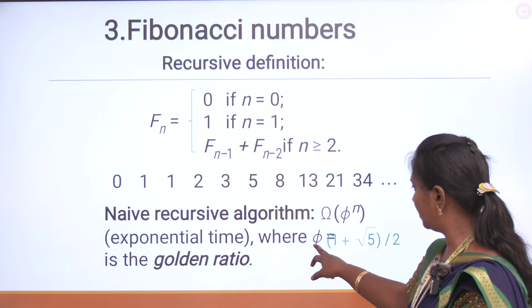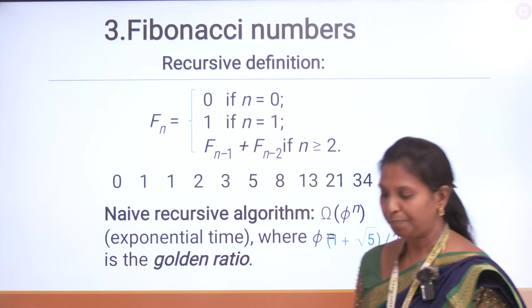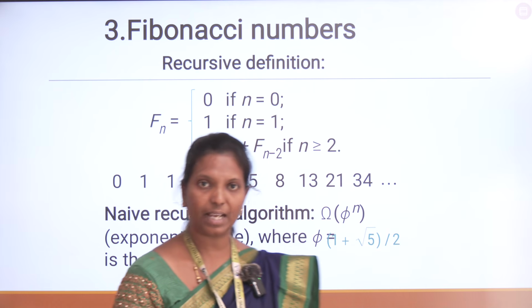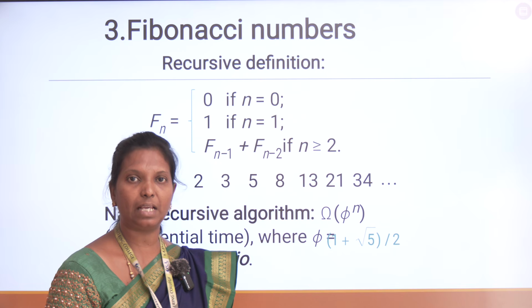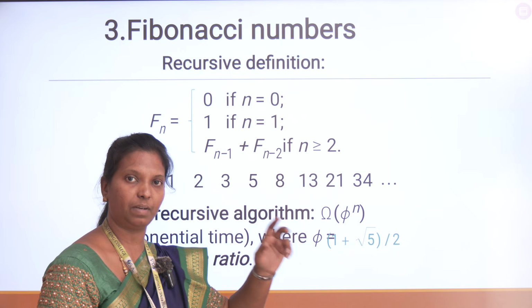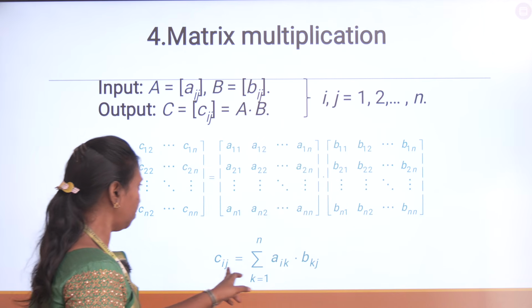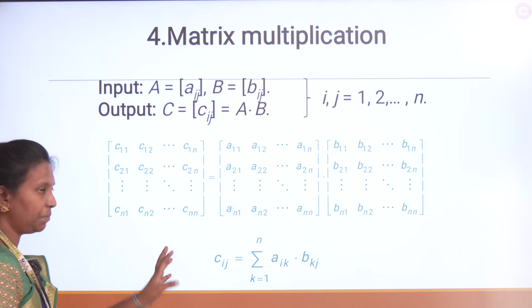Here, when it equals (1 plus root 5) by 2, I am taking the subproblems, and the ratio will be reduced when I make it into a dividing nature. That's why, along with the recursion, we are also applying divide and conquer. And now this is the multiplication nature.